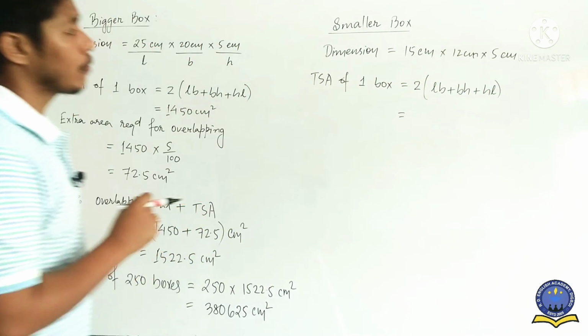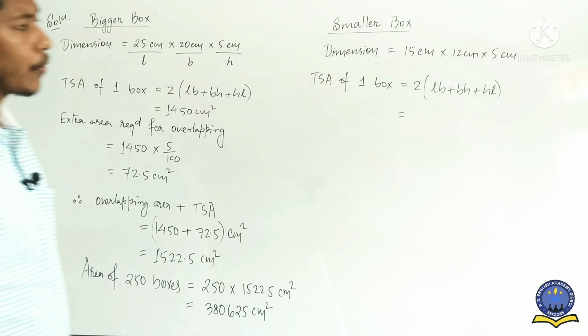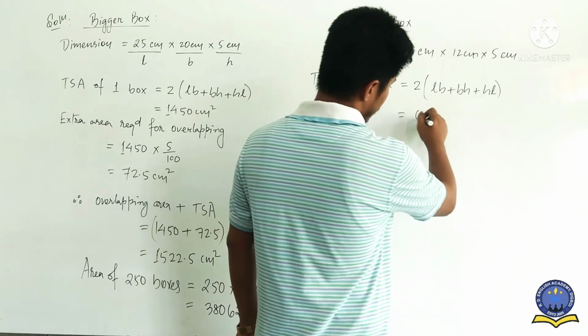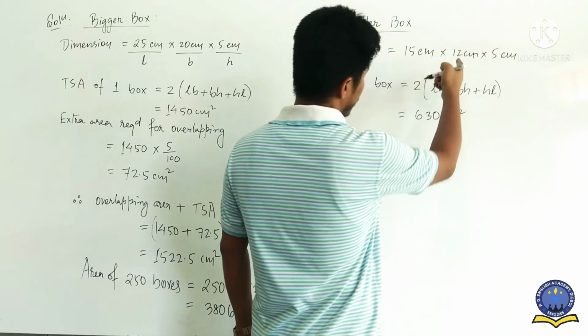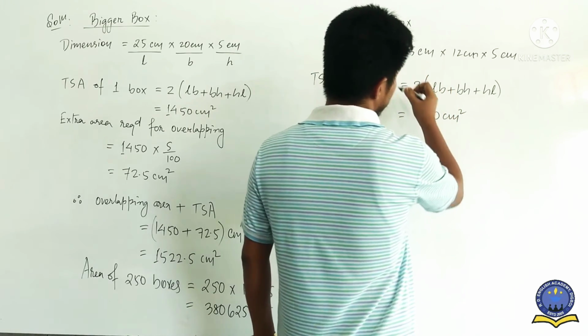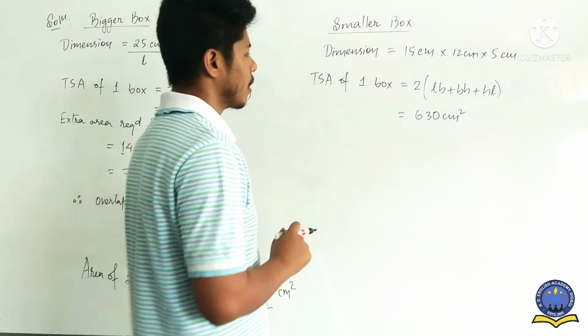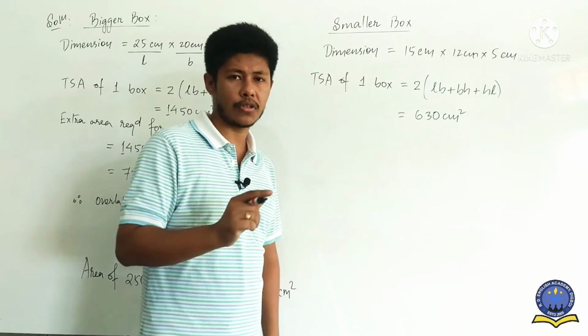Length is 15, breadth is 12 and height is 5. If we put these 3 values here, finally we get 630 centimeter square. This is the total surface area of one smaller box, remember.